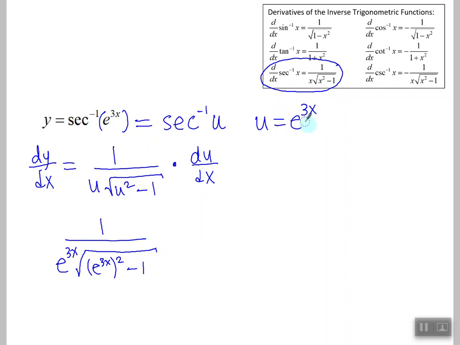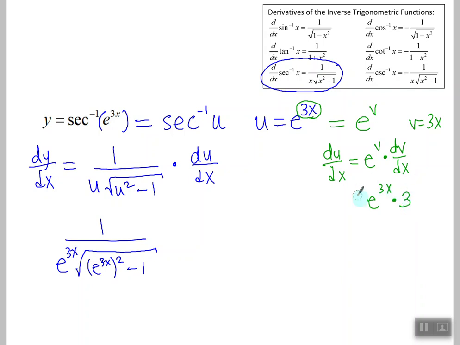Now this presents another challenge because e to the 3x needs a chain rule because it has an inside function, the 3x. So what if we simplified this as e to the v, where v equals 3x? Then du dx is e to the v times dv dx, or e to the 3x times 3.